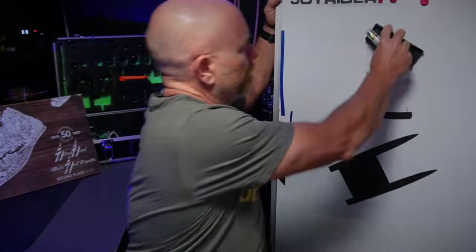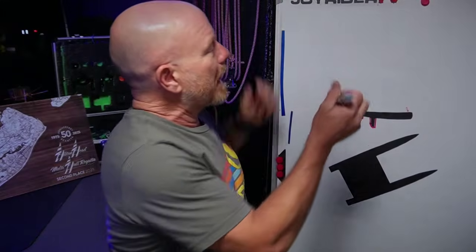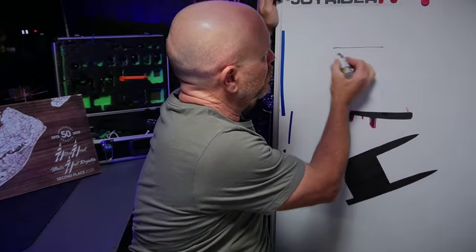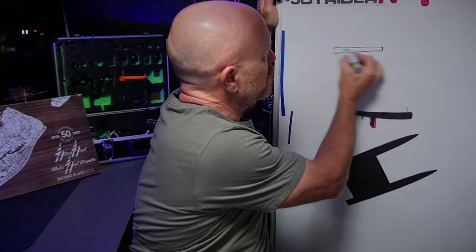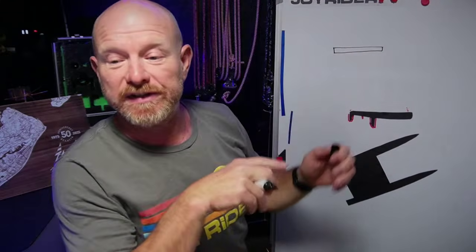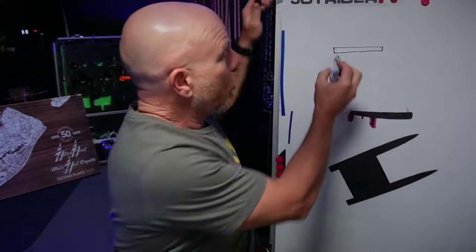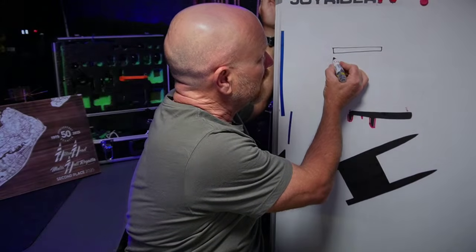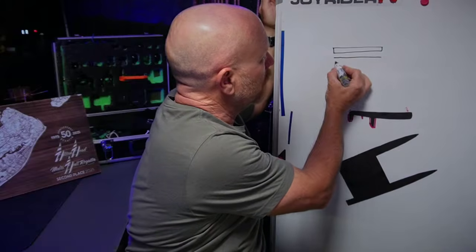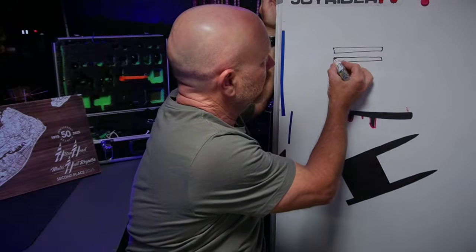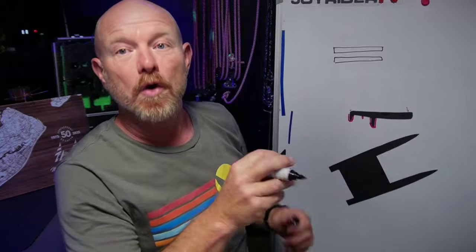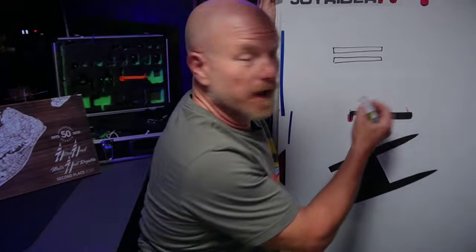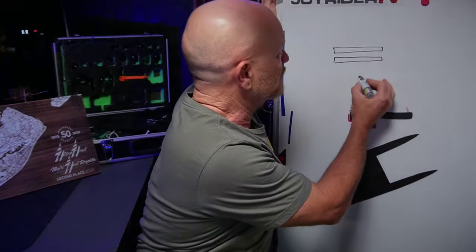So there's stiffness, and then there's also tapering in the battens. Some battens have got no taper at all, so it's just the same thickness all the way along the batten, whereas for a more performance batten, the batten would be thinner at the front, which means that front part of the batten is going to bend more easily, which means the center of effort in the mainsail is going to be different.